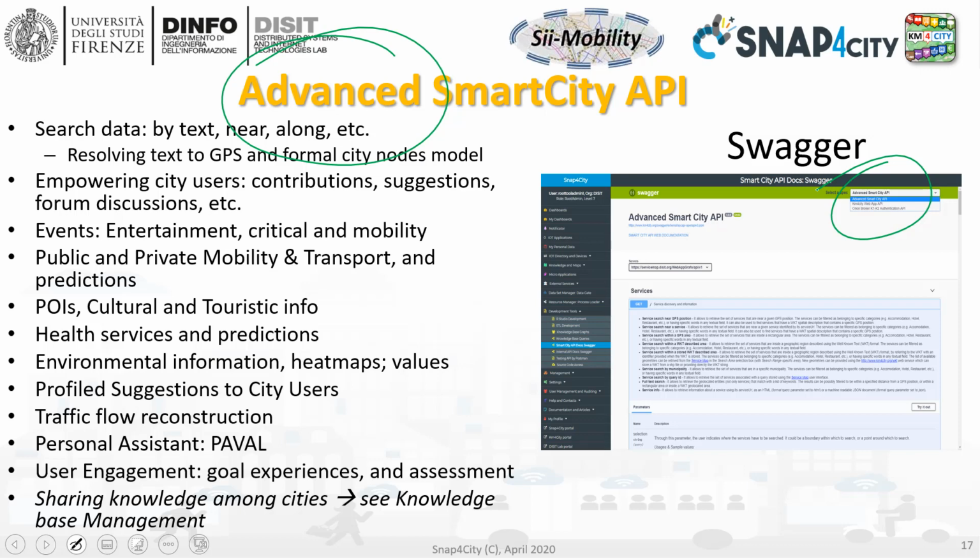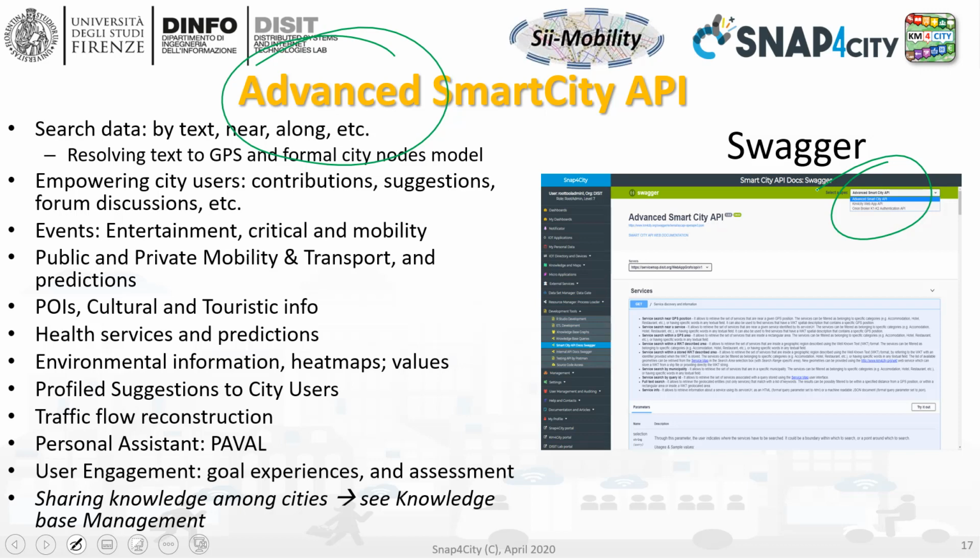What you can get from the Smart City API: a service for searching data inside the infrastructure by text, near to a point, along a path, inside an area. So it's possible to make a search and get GPS information, or to provide GPS information and get what is closer to that point.